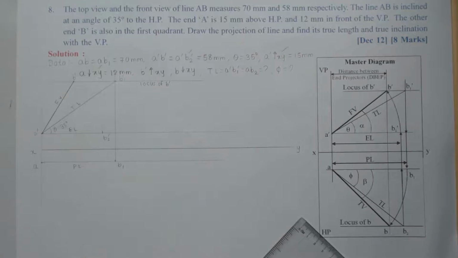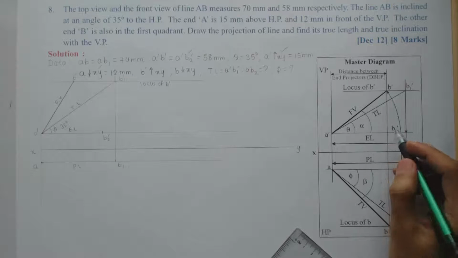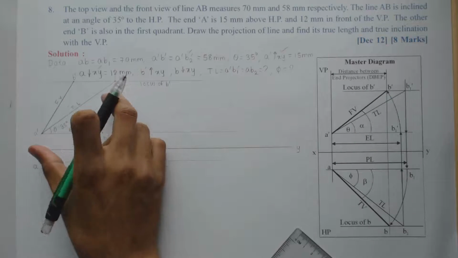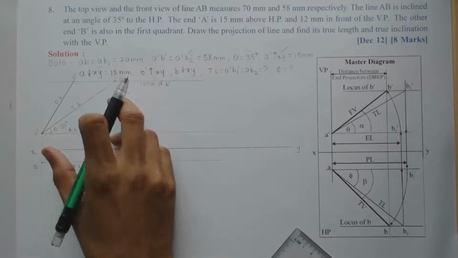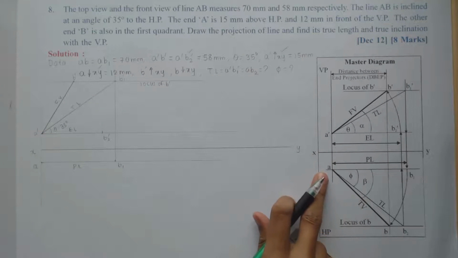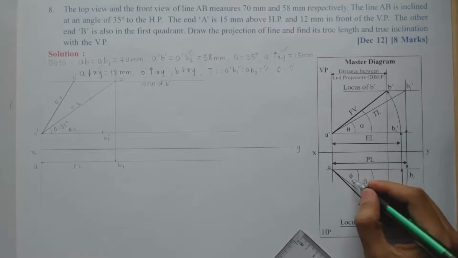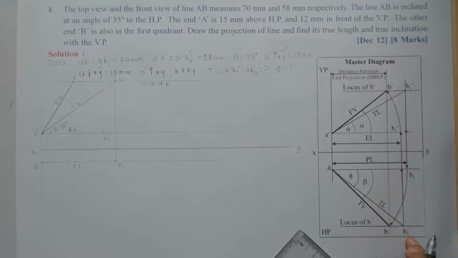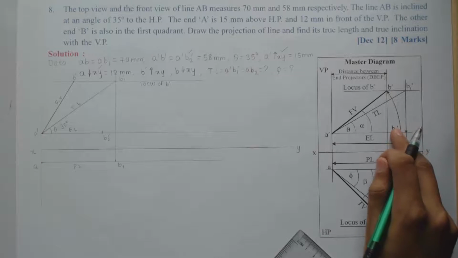Now we will complete the top view part. Now we know the true length which we have got after marking this theta. So now the same true length I can mark in the top view, and the notation is AB2. Okay. Similarly, I don't know angle phi here, but I know that I'm going to get the other end of true length, which is B2, on a vertical projector passing through B2 dash.